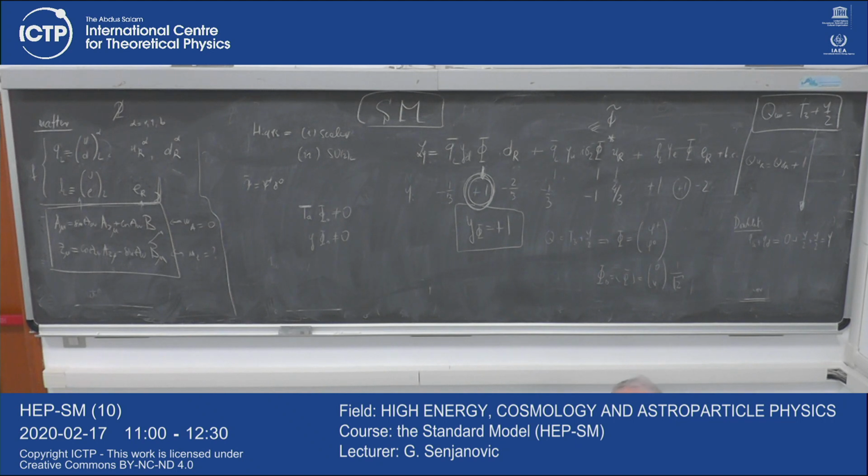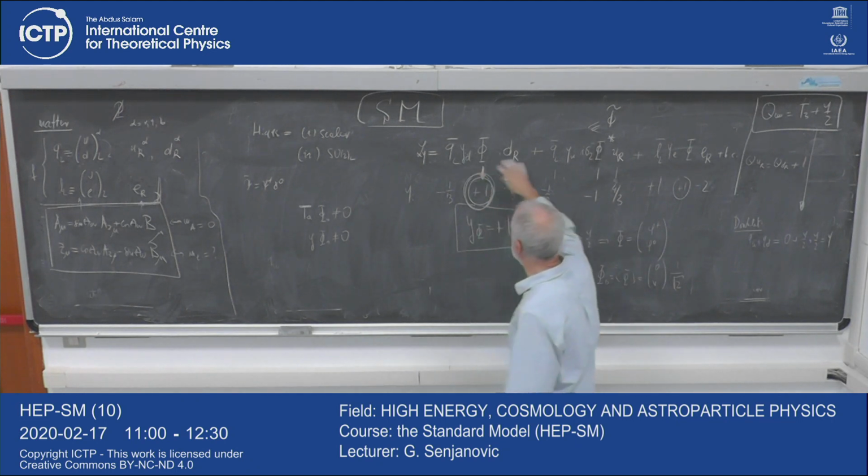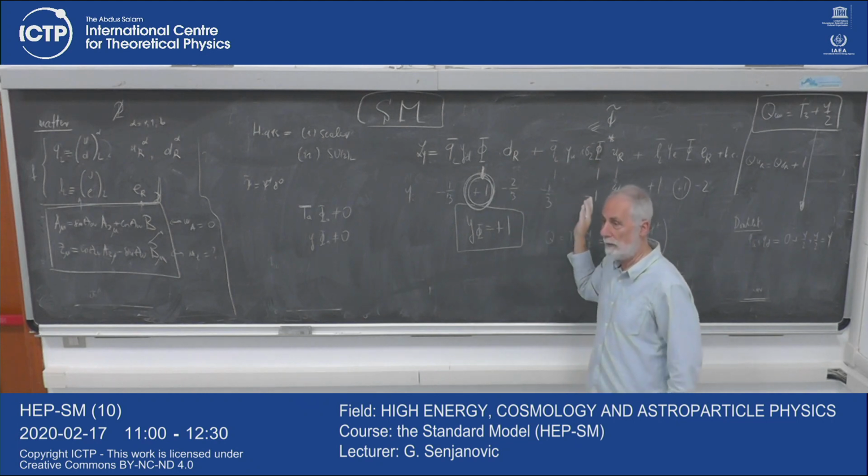You and I proved the theorem. Every time we break a generator, we get a massive gauge field. 4 broken generators, 4 massive gauge fields: W+, W-, Z, and photon. So it seems it's going to come out wrong. I don't want to do the calculation yet. I'm just trying to check before doing the calculations, if the breaking is okay. We'll see how we get the mass and so on. But we'll do that.